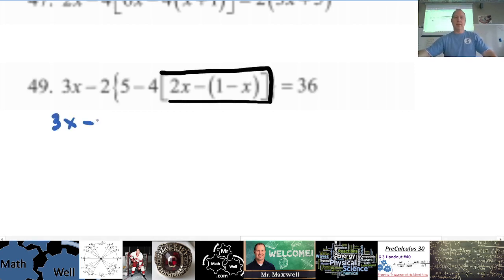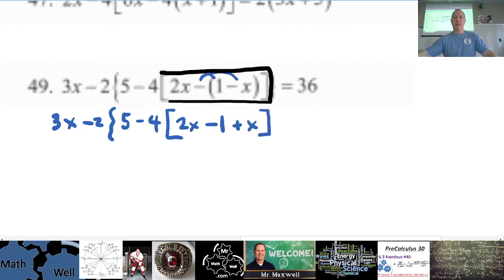So 3x minus 2. You can use the same style of brackets that they use if you want. 4. Now, inside here, this is going to be 2x minus 1 when I distribute, and then plus x. Equals 36. So we want to simplify this in here, and now you see you can simplify the like terms inside here.